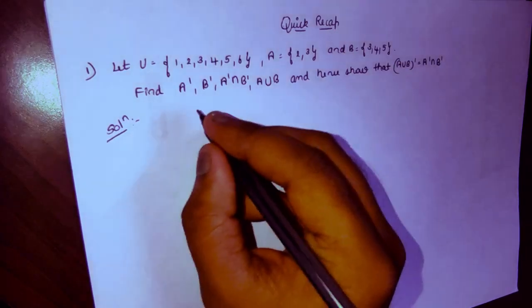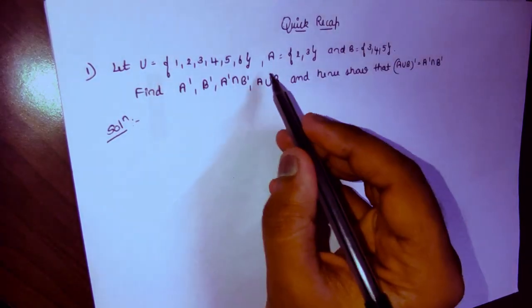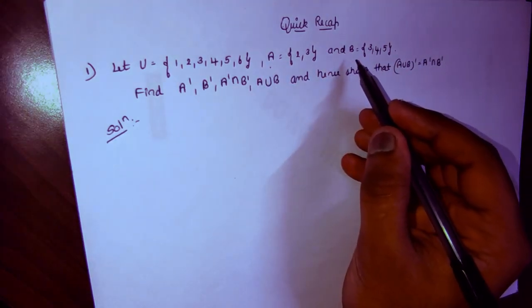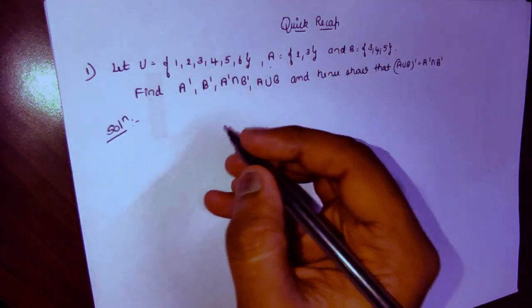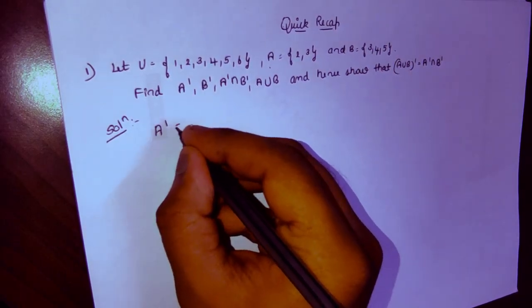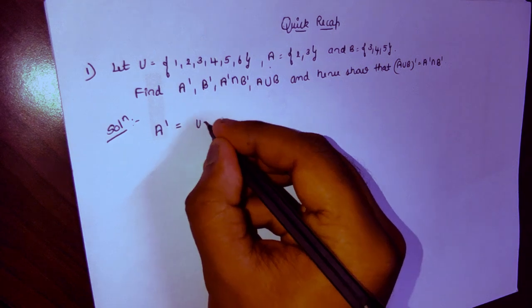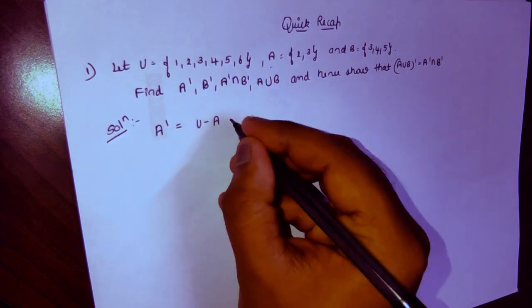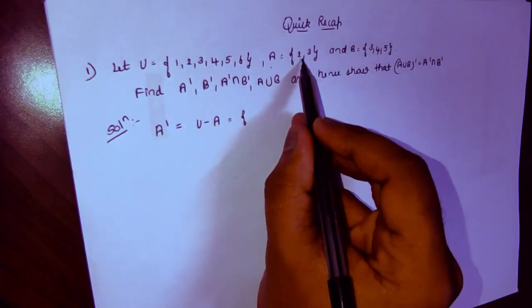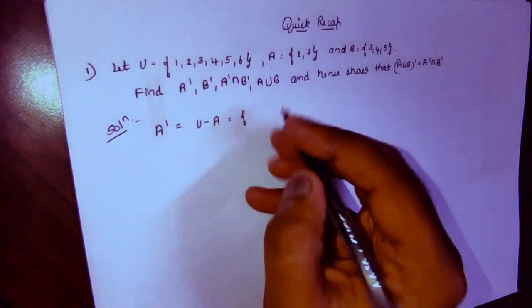Here they are given a universal set, A set, and B set. First let us find A dash. A dash is universal set minus A, so 1, 2 and 3 are common in A, remove that.